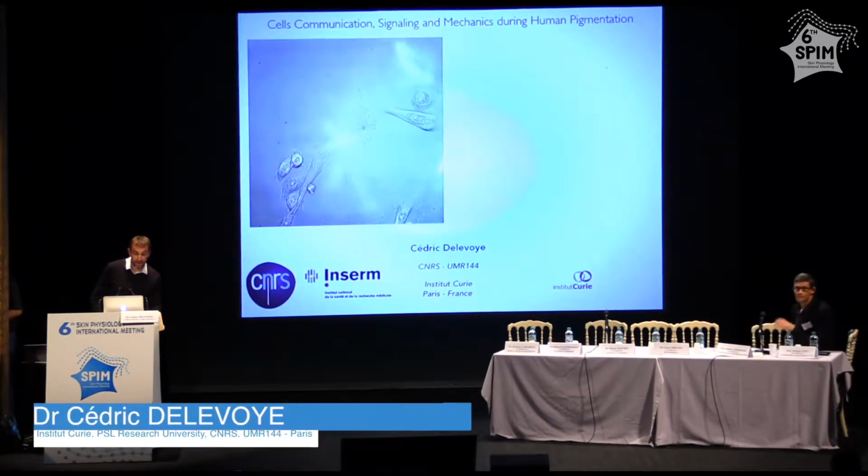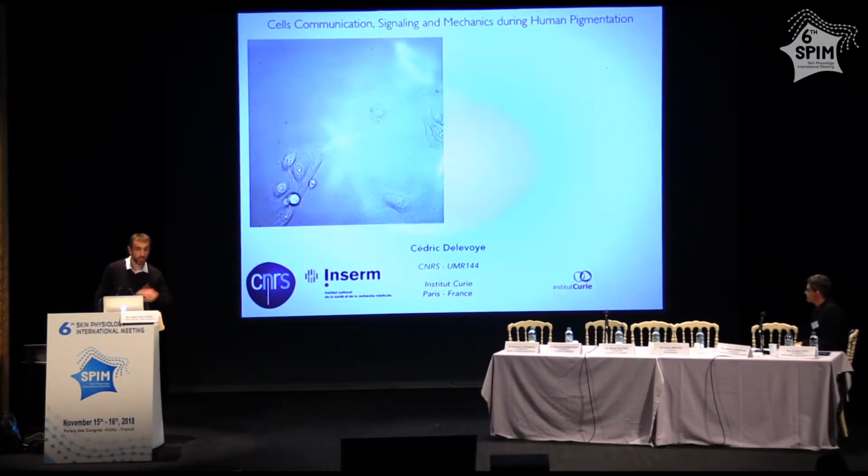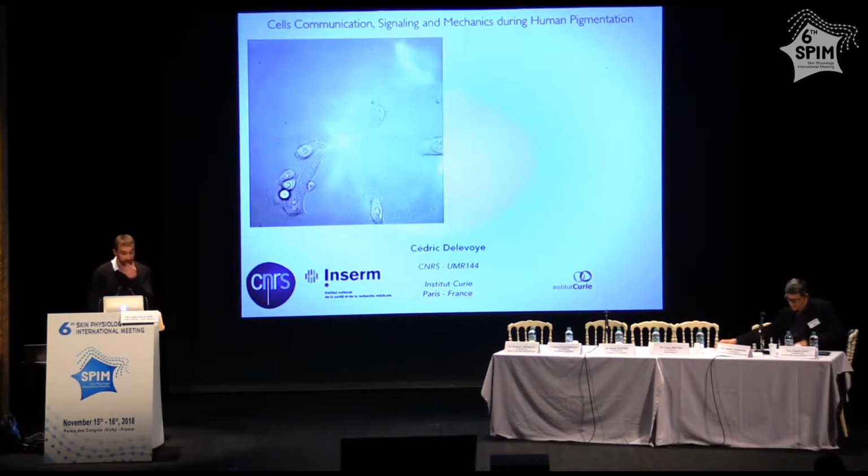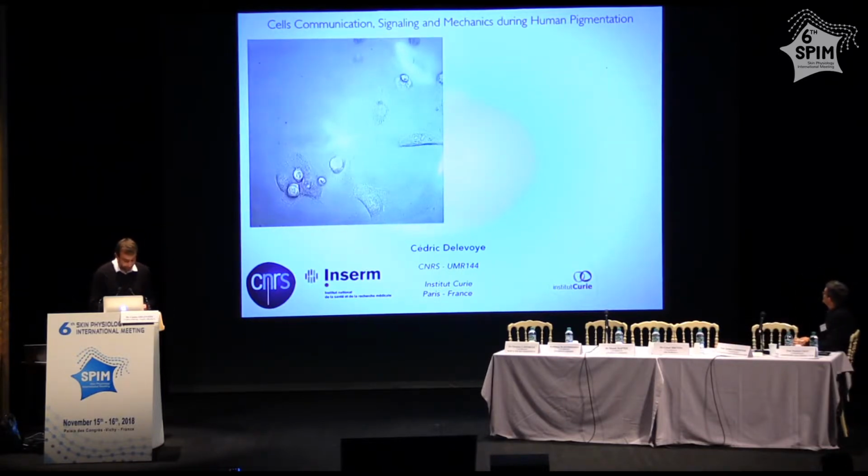So yes, today I would like to talk about projects we are currently running in the lab, and that aim at understanding how skin cells communicate, and especially how skin cells understand each other.